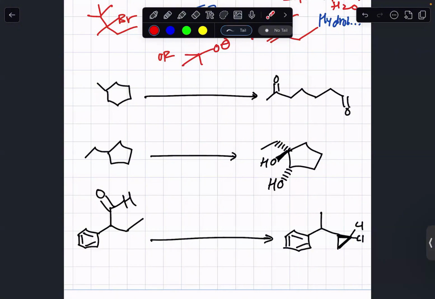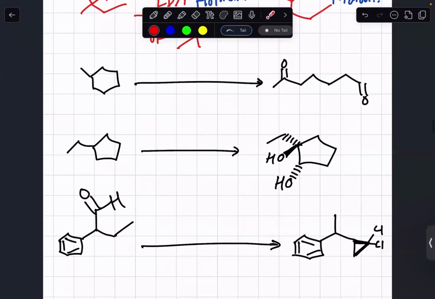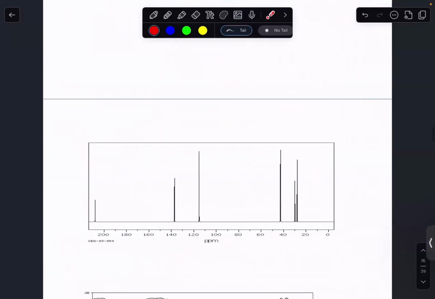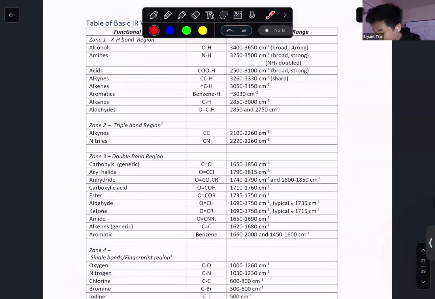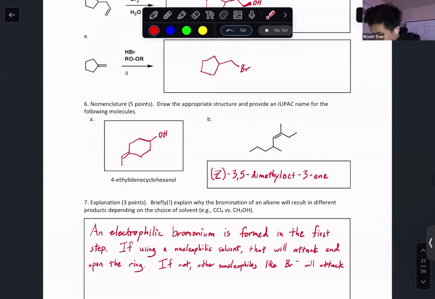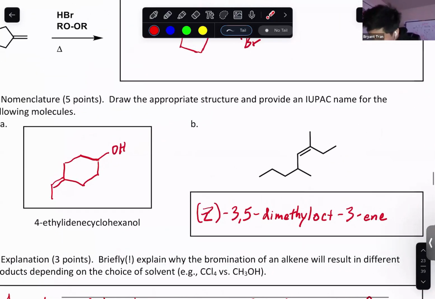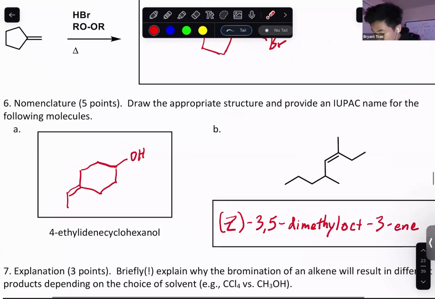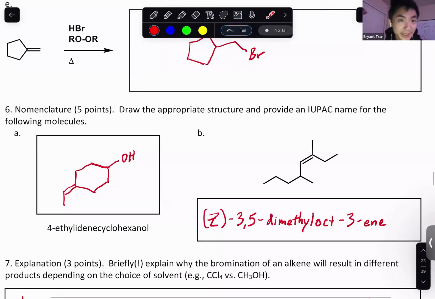In the beginning, you mentioned that we might have to be able to explain why something is syn and why something's anti. Yeah, let me give you an example of that type of problem here. Why something is syn versus anti is more for stereoselectivity, right?